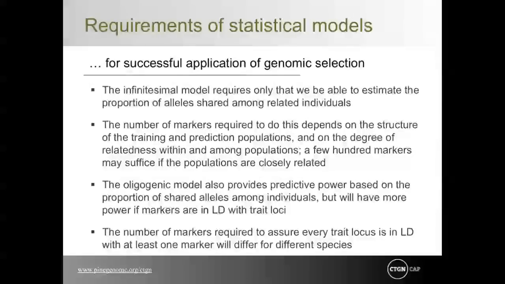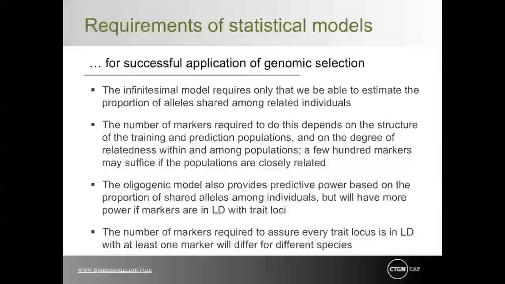The assumptions underlying different statistical models also have implications for the number of markers required to carry out genomic selection in a breeding population. Predicting genetic value based on the infinitesimal model is very similar to standard BLUP methods for estimation of breeding values based on phenotypes, and requires only that the marker data be informative enough to estimate the proportion of alleles shared among related individuals.